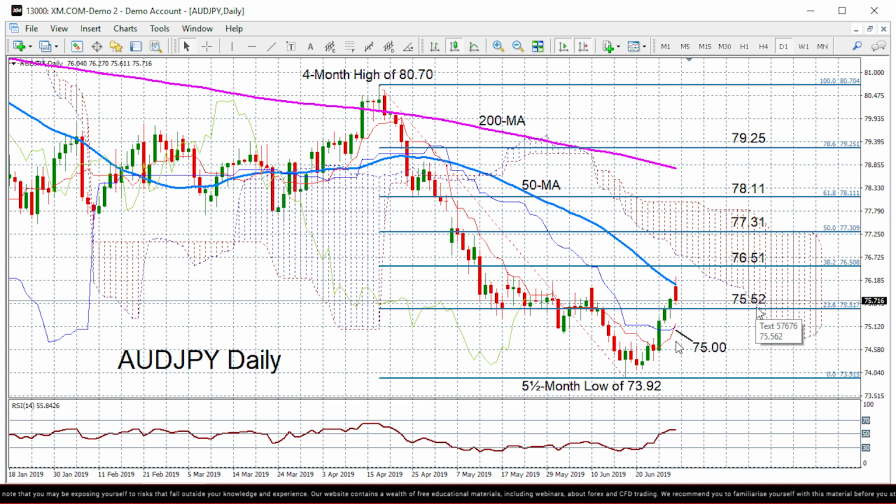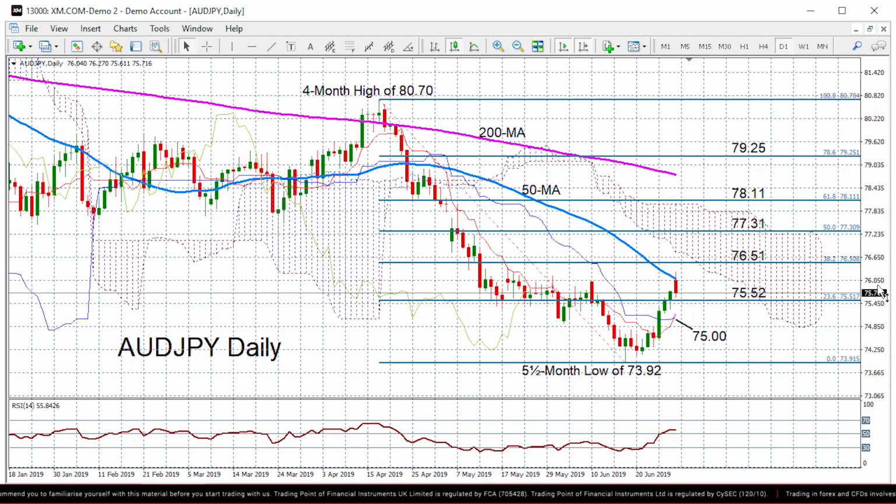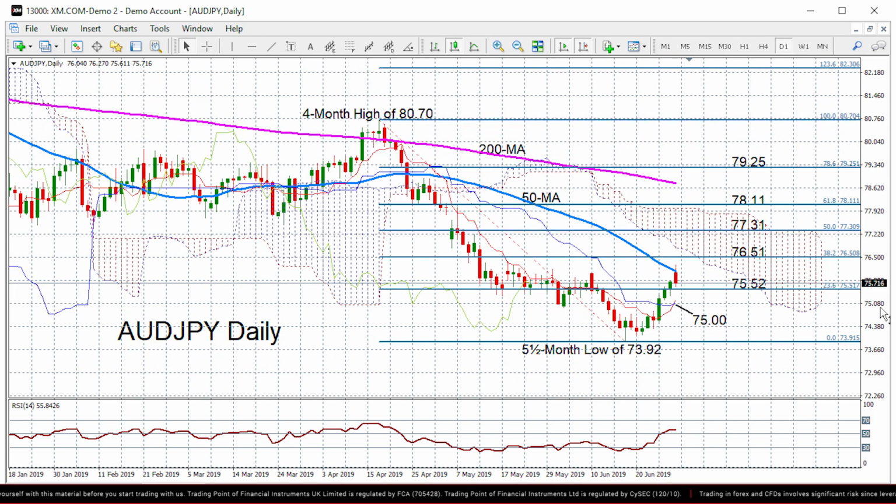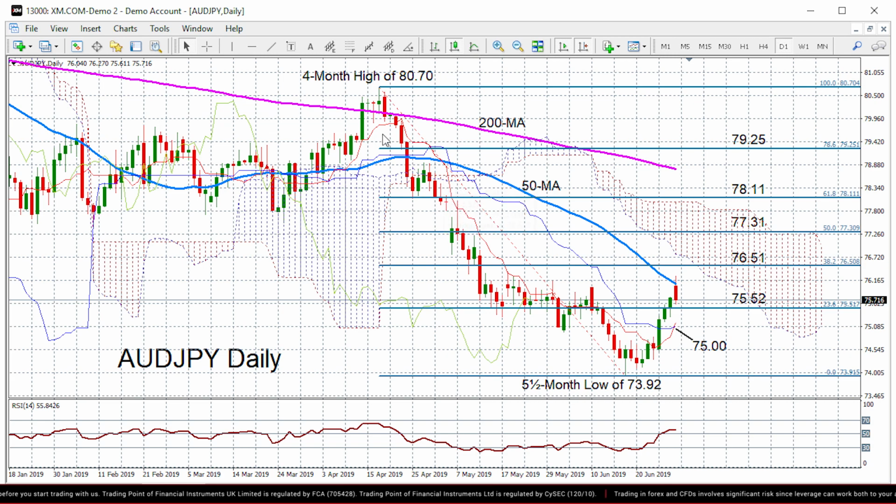Further down, we've got another important support at the 75 handle, which is at the crossroads of the Tenkan Sen and the Kijun Sen lines. And then breaking that, we could see Aussie yen heading back towards the 5.5 month low of 73.92 we saw earlier in June. And that would also reinforce that downtrend, which started back in April.